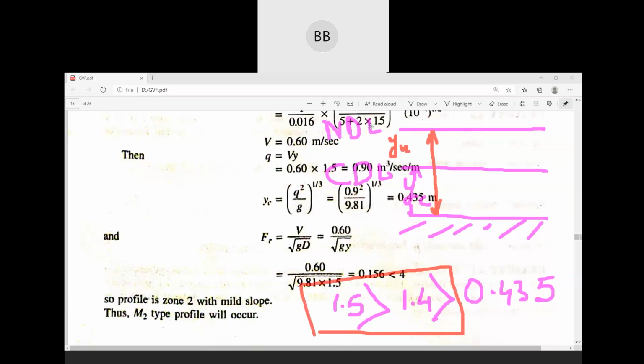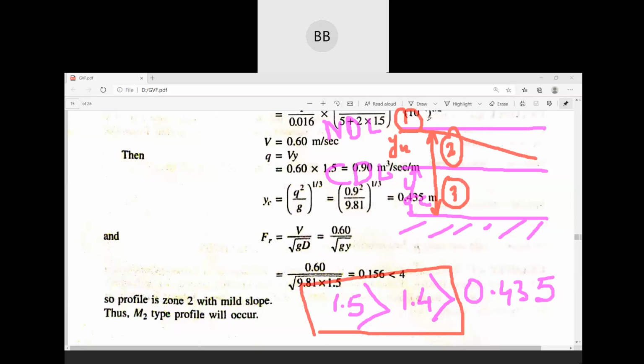The region above the NDL is zone 1. The zone between NDL and CDL is zone 2, and the last one is zone 3. Now your NDL is 1.5 initially, and because of the drop, your profile reduces to 1.4 meter. In the previous question, if you see, there was a construction of a weir and the water level rises, so from normal depth it rose and was in the first zone.